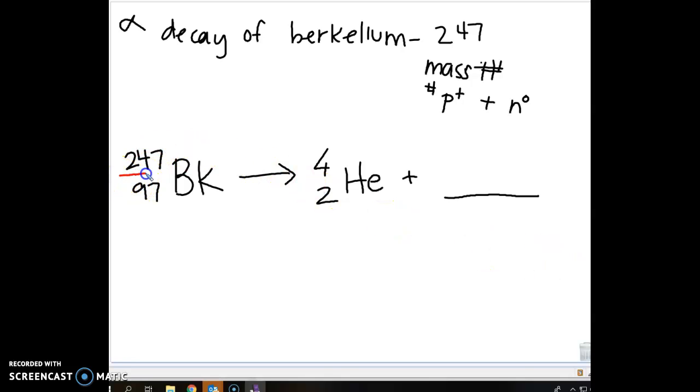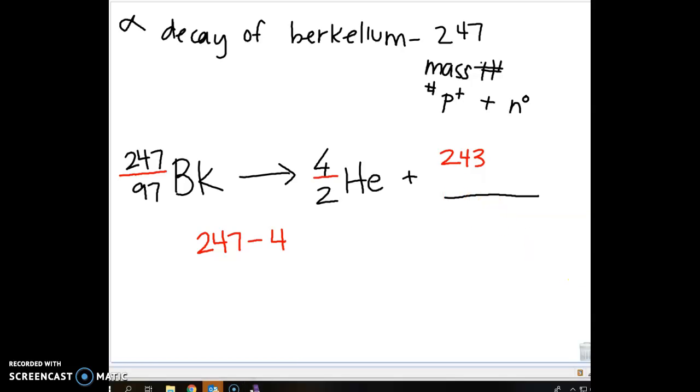I have 247 as my mass number to start with, and I've already put a 4 here. So in order to get my mass number for this missing element, I have to subtract. 247 minus 4 gives me 243. So 243 is going to be my mass number for the missing element.